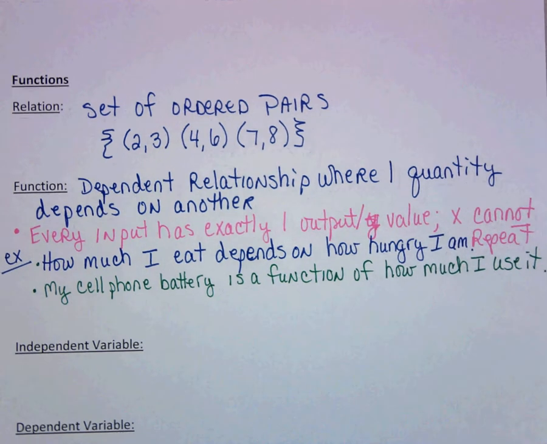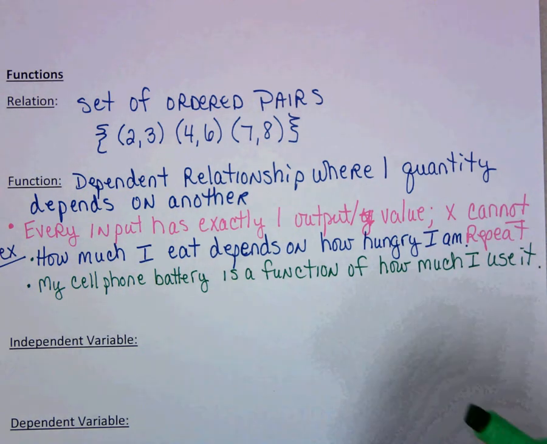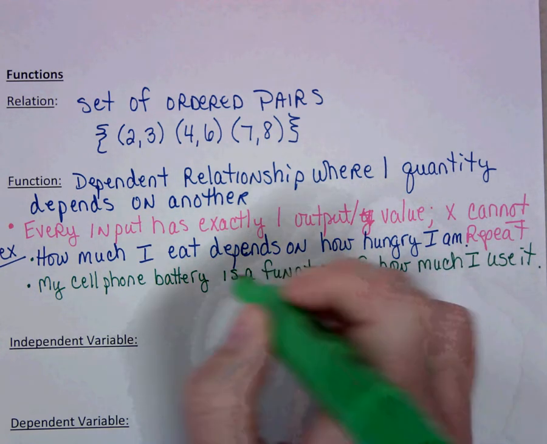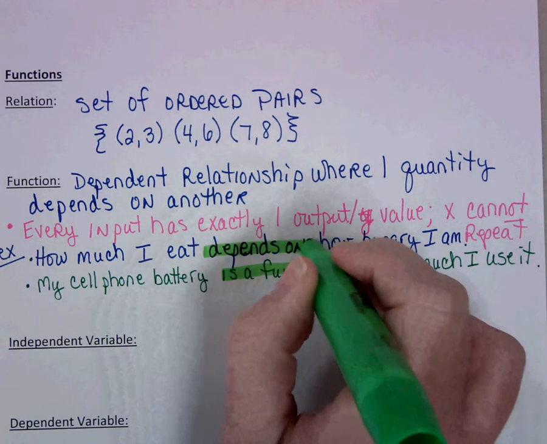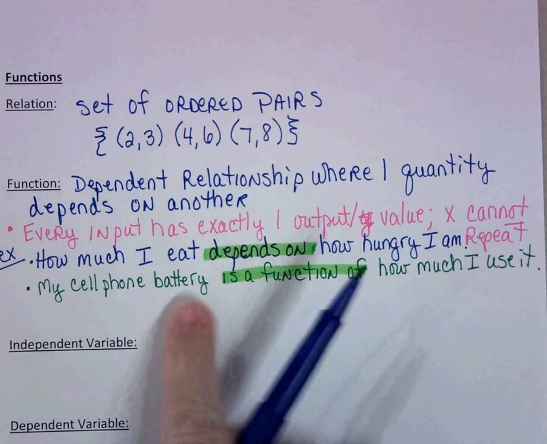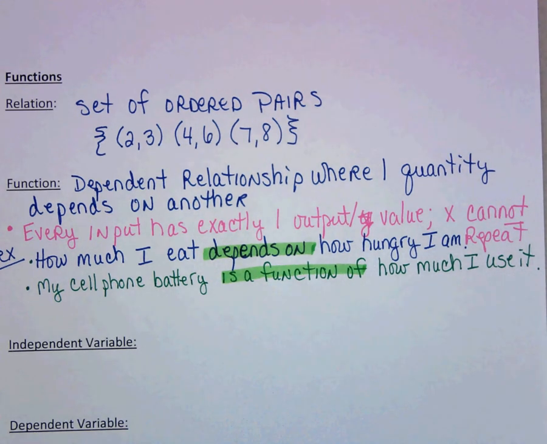What I want you to see here is I changed the wording just a little bit. Is a function of means the same thing as depends on. Those words are interchangeable. So the battery life is still depending on how much you're using your phone.